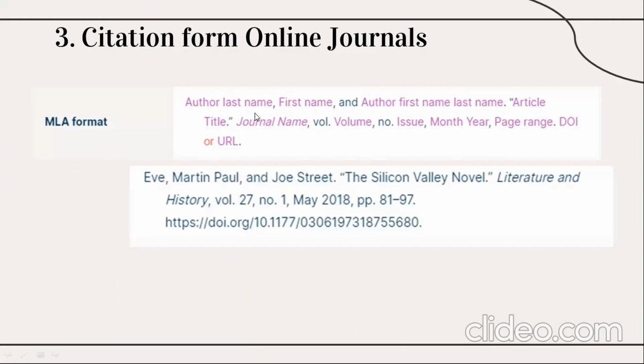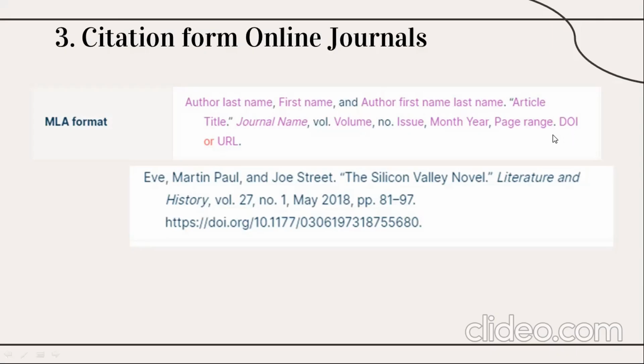First author's last name, first name, and second author's first name and last name. Then the name of the article, the article title, in inverted commas, the journal name in italics, then the volume number, then the issue number if it's mentioned. If any month or year is mentioned, you mention it here. If any pages, from this page to this page, you mention here. Or if there is any website address, you can mention it here.